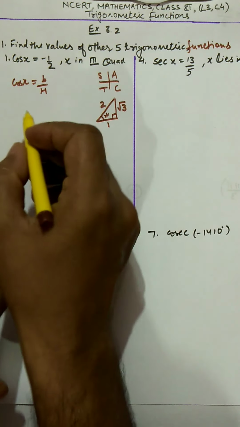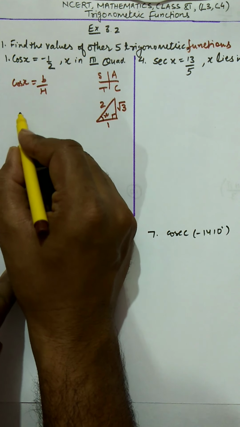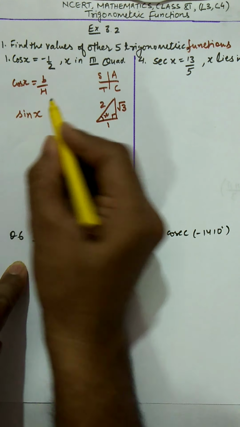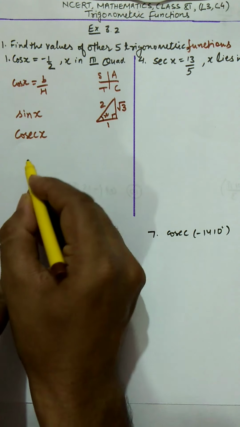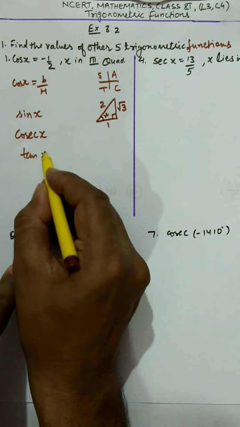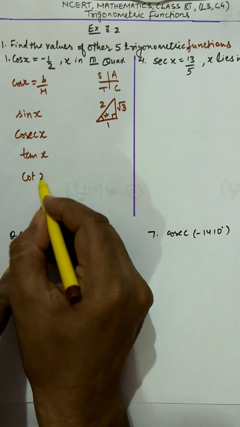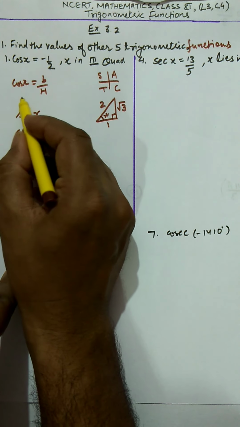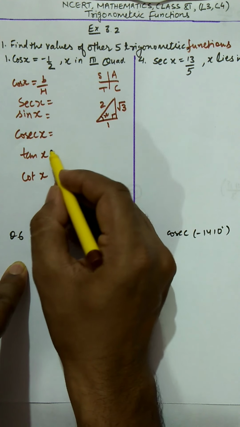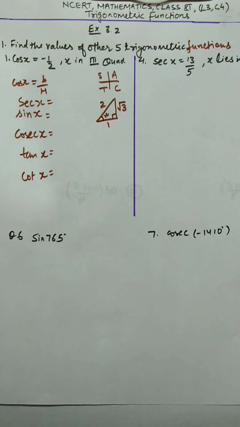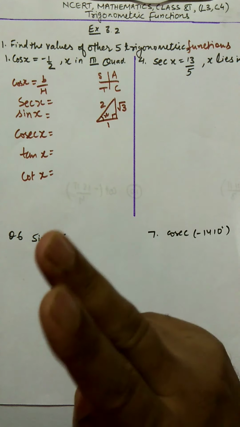So first we'll find all the other ratios. For example, sin x, cos already found, then cosec x, then tan x, then cot x, and we can also find sec x. So these are the 5 trigonometric functions, and we'll do this in 2 parts.